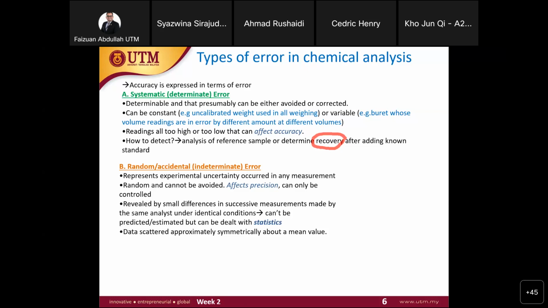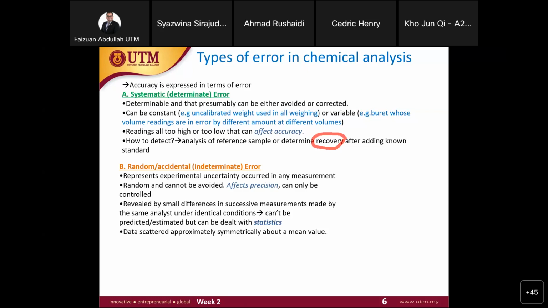If it's more than that, for example, for the 10 ppm of mercury, we got 15 ppm, the recovery is now more than plus 20%. 15 ppm is 50% more than the actual value, so this is not accepted.